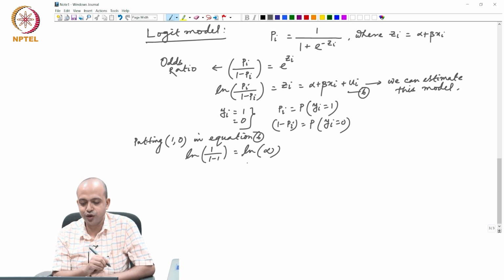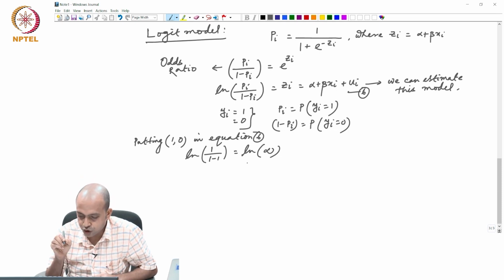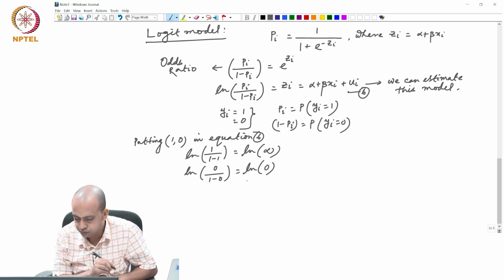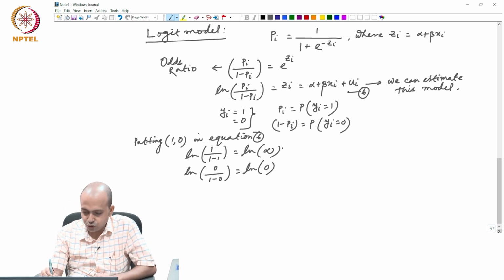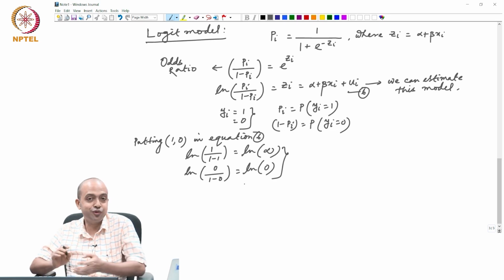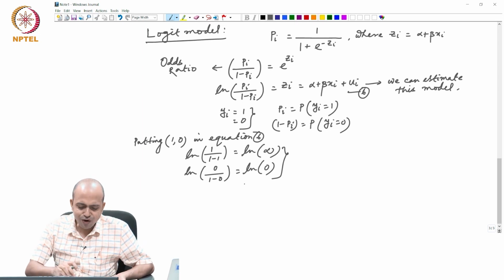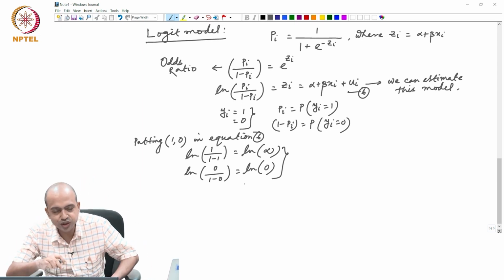If you put 0, it becomes log of 0 by 1 minus 0, which is log of 0. Can we estimate this model? No. We cannot put 1 and 0 in this equation.